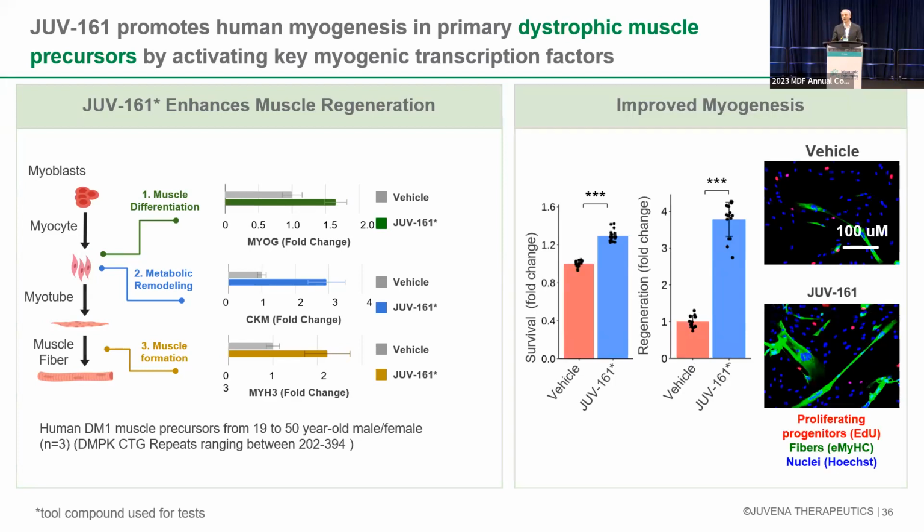Measured phenotypically, we also see that treatment improves muscle survival in the graph on the left, following JUV161 treatment here in blue compared to vehicle in red. And importantly, the fraction of those cells that form new muscle fibers in the graph on the right, and in the micrograph, those are the large green cells.